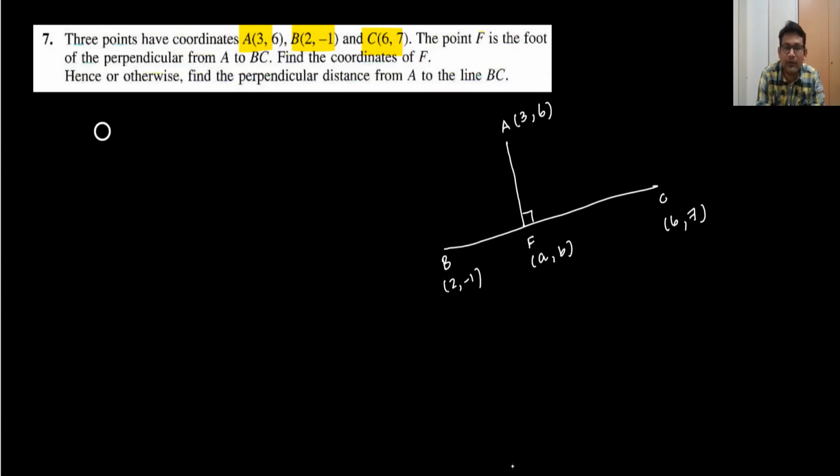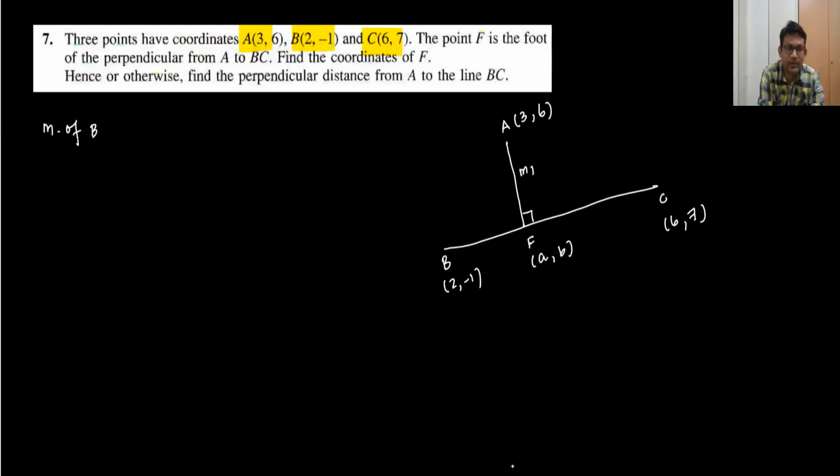Now, what we have to do here, this is perpendicular, this is m1. And now BF and FC are parallel, and parallel gradients are always equal, but I have to use a trick here. What is the gradient of BC? I just want to find the gradient of BC first.